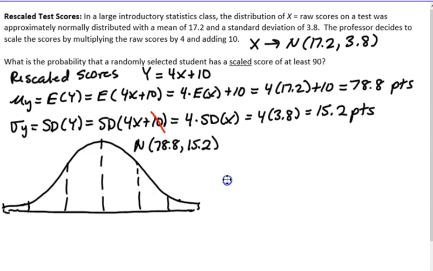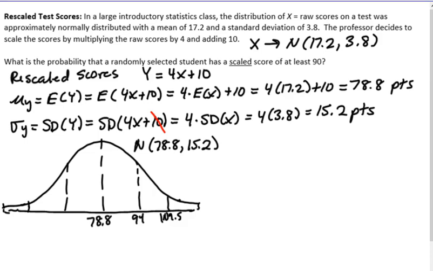So this would be 78.8, and then we'd add 15.2 to that, which turns out to be 94, and then you'd add 15.2 to that, and that would be 109.2, etc. And you could go down.